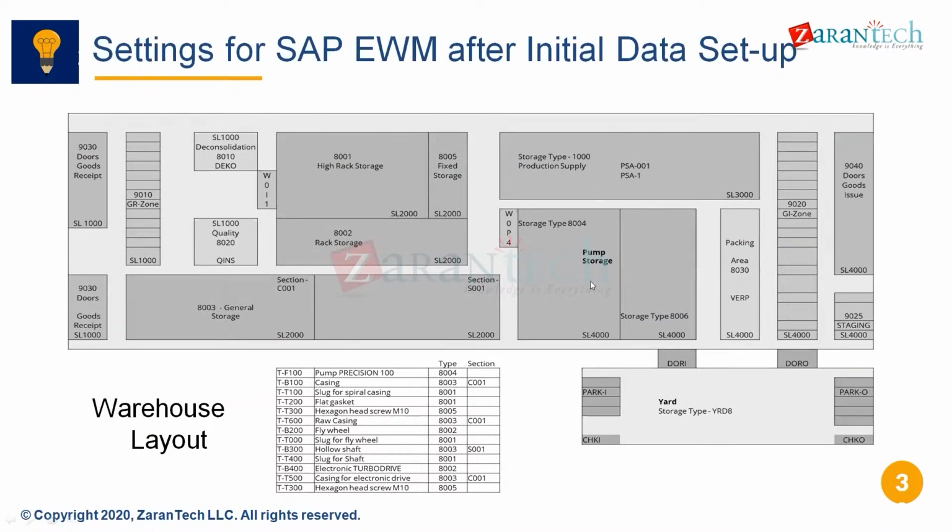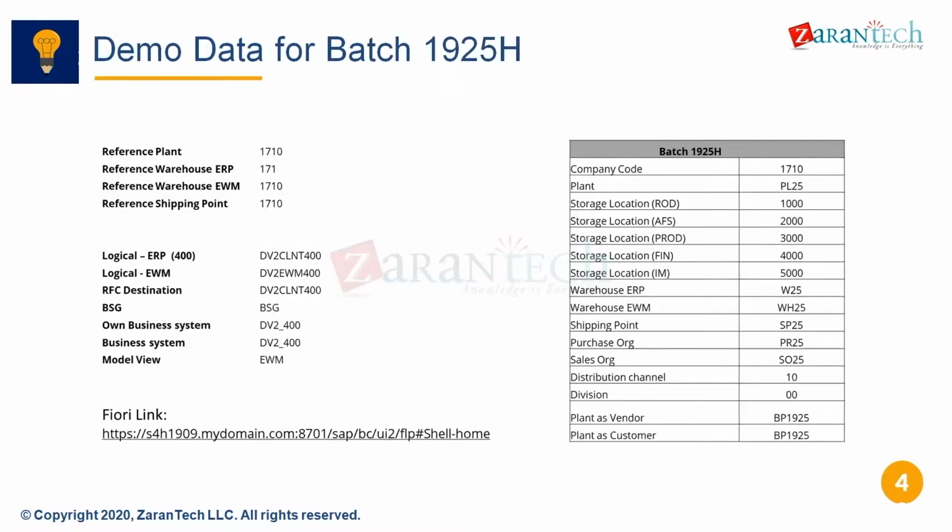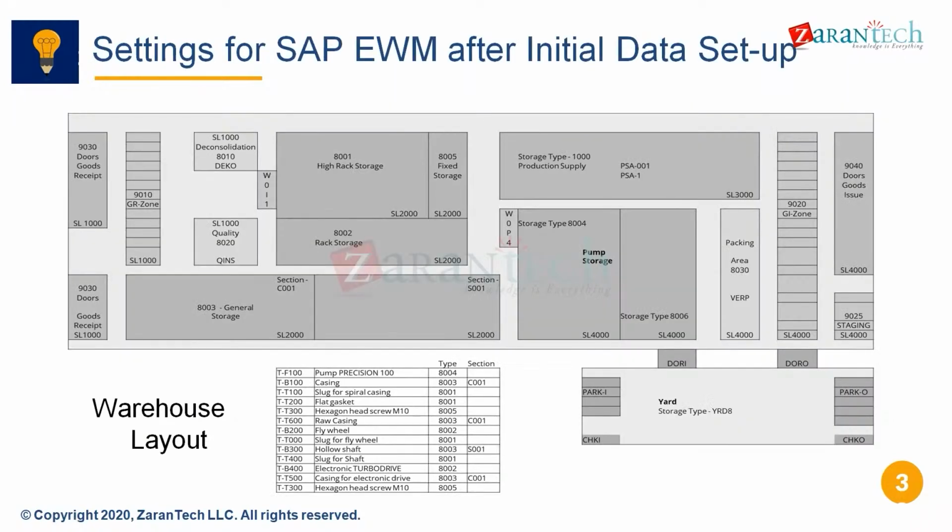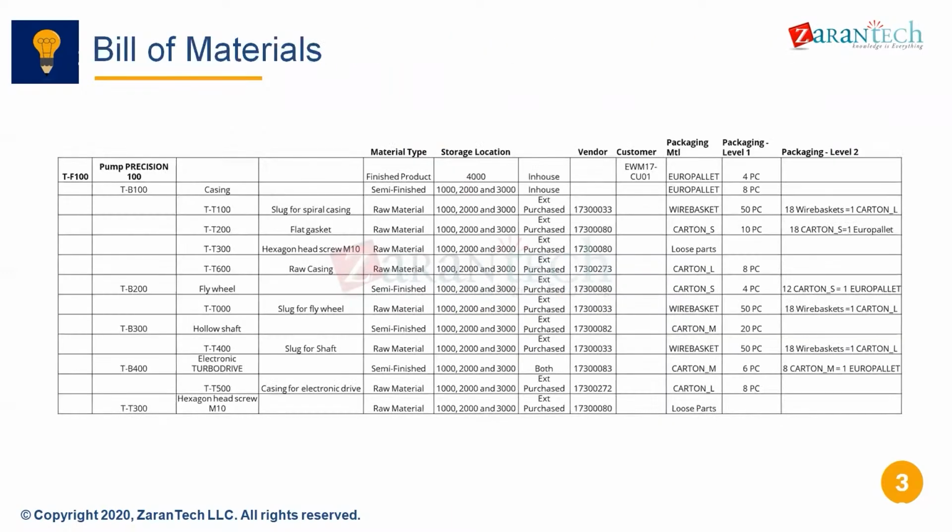So this is a pump storage. Make sure about 8004 and 8006. If you have system access, you can also try browsing through the storage types and other warehouse nodes, but make sure you have reached this point, where we have completed all the settings we have covered so far. And this way, our warehouse is integrated.